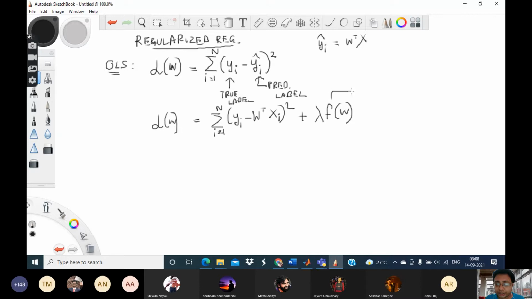So this function f, I call a regularizer, and from this arises the term regularized regression. This lambda is a free parameter which the user can tune.